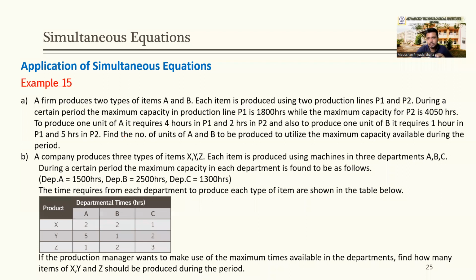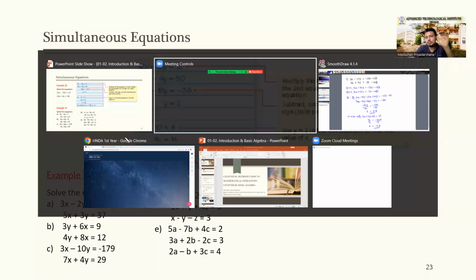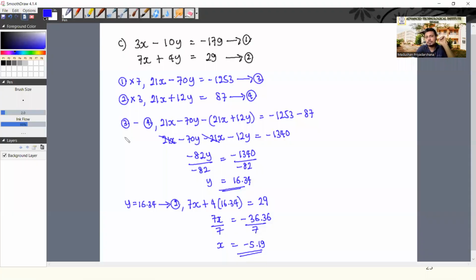If you can build up the 2 or 3 equations, you can take the answers directly from the calculator. But if the questions are directly about simultaneous equations, then you need to go through this procedure and get the values of those variables. And there you can use your calculator to check whether you have got the correct answer.